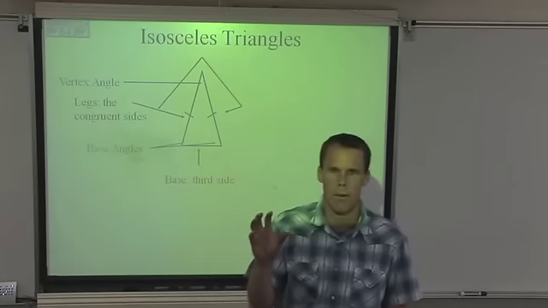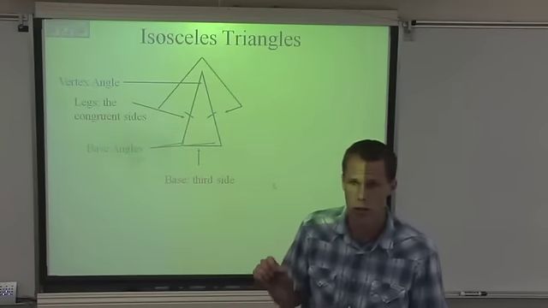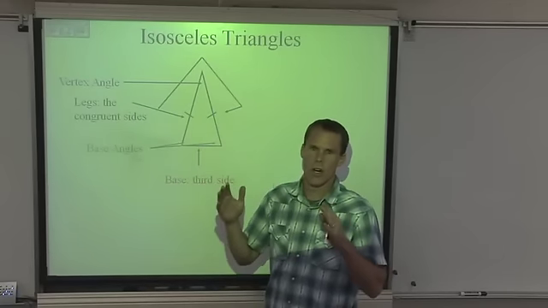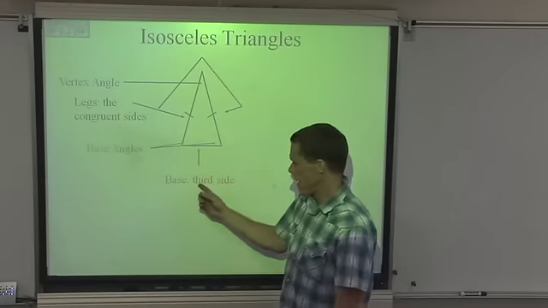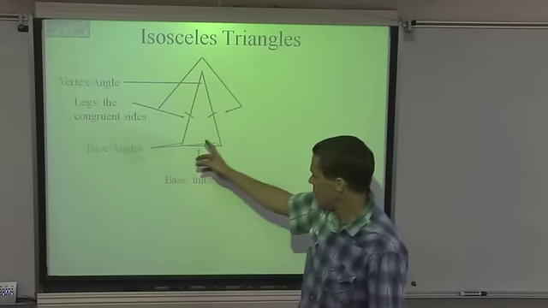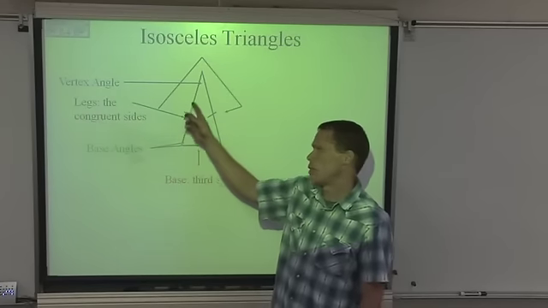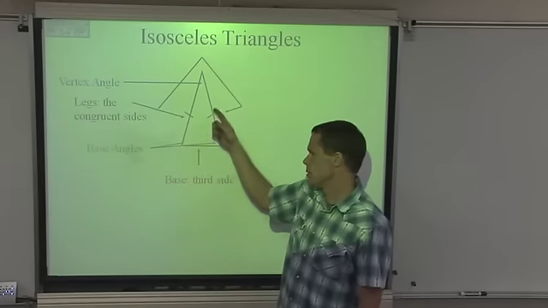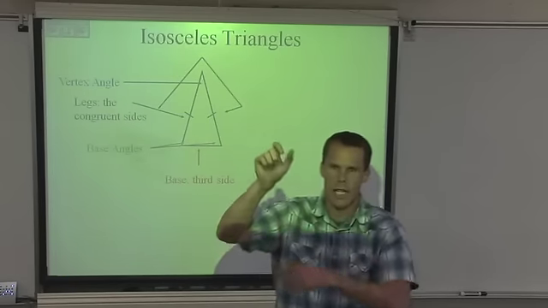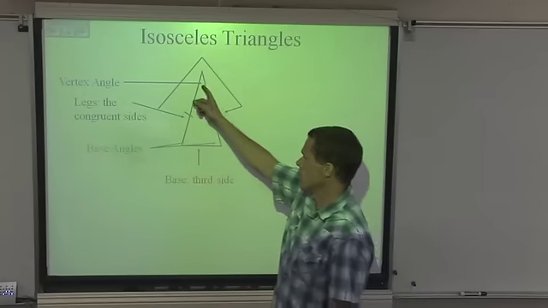When you're writing down your notes, make note that the legs are the congruent sides. We should always start there. The base then becomes the third side. The base angles are the ones that touch one of the legs and the base. The vertex angle is where the two legs come together. That is the vertex angle.